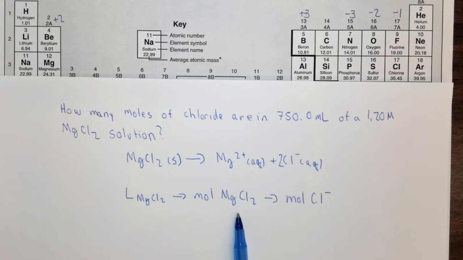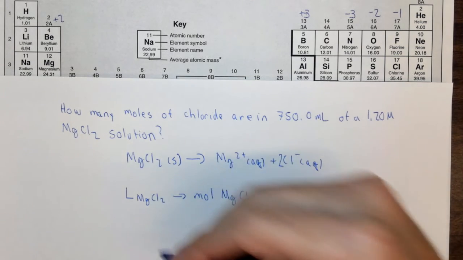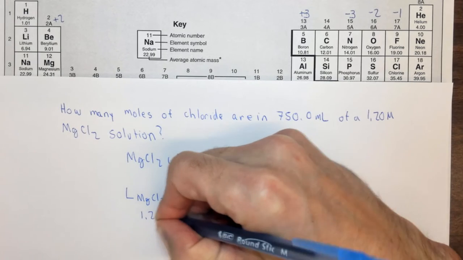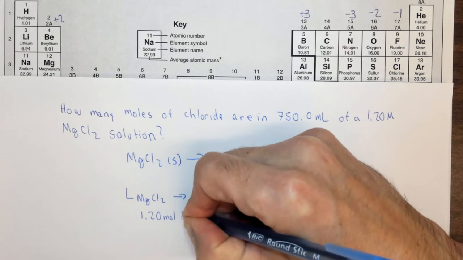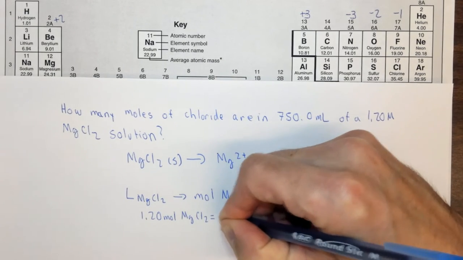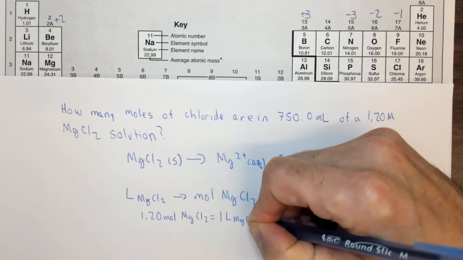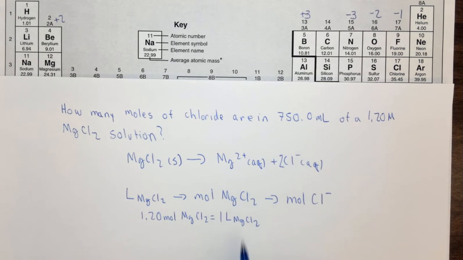So to go from liters to moles, we use the molarity, of course. So it's 1.20 moles of MgCl2 equals 1 liter of this MgCl2 solution. Now, moles of MgCl2 to moles of Cl minus is a bit different.